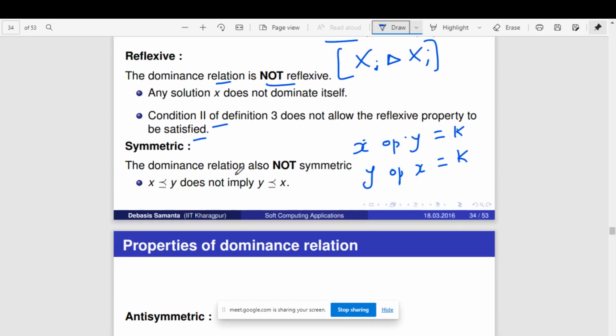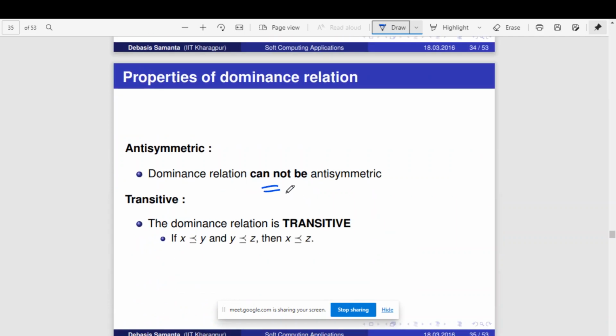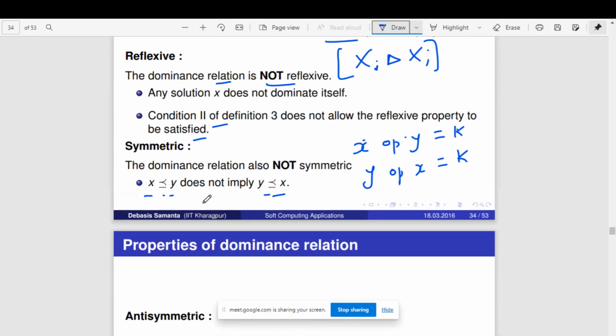That is, dominance relations are not symmetric. That is, x less than or equal to y does not imply y less than or equal to x. That also does not mean that the domination relation is antisymmetric.